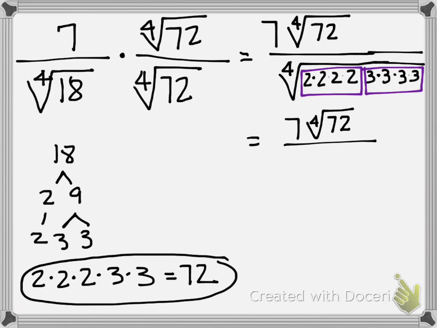So that got rid of the 4th root sign that we have there. So we have 2 times 3. As a result, it is 7 times the fourth root of 72 over 6. That is our answer. I want you to understand that concept here.